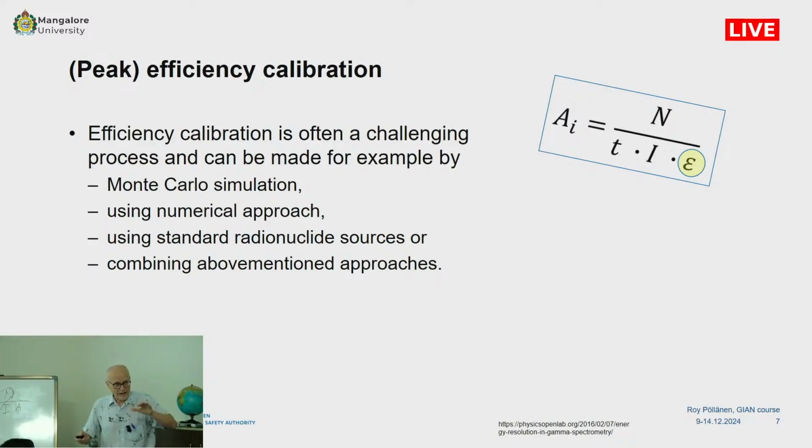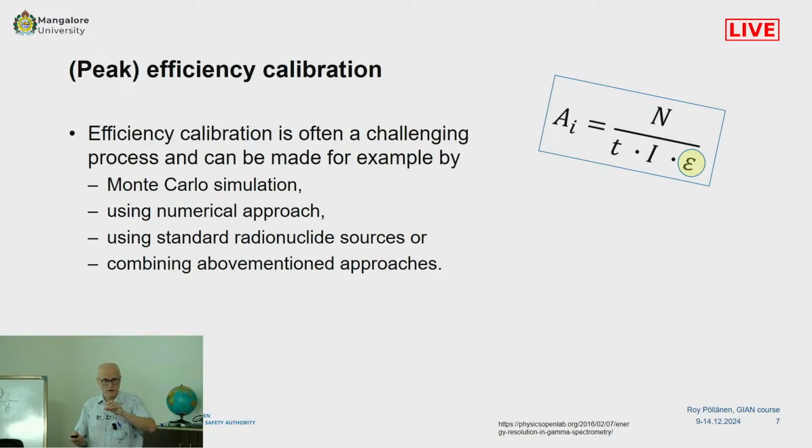But for each sample to be measured, we are using this efficiency transfer method. So every time we calculate new energy calibration, if we want to analyze the spectrum of each sample, every time.